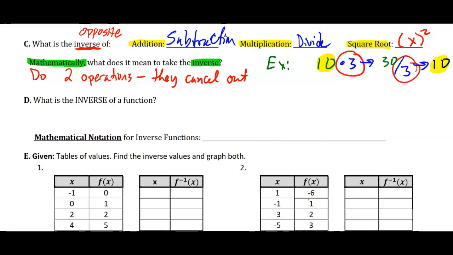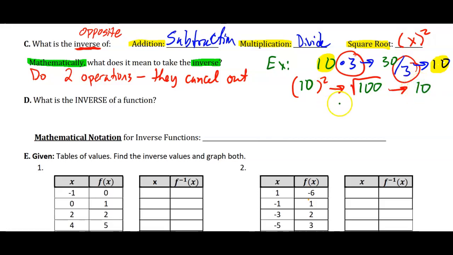In the same way, if I pick a number, let's pick the 10 again, and I choose to square that number, I now get 100. If I then choose to square root that number, I get back to 10.